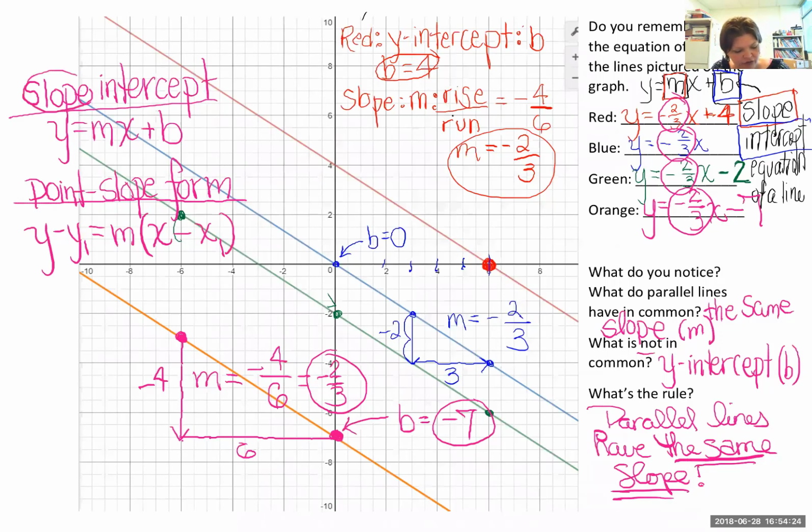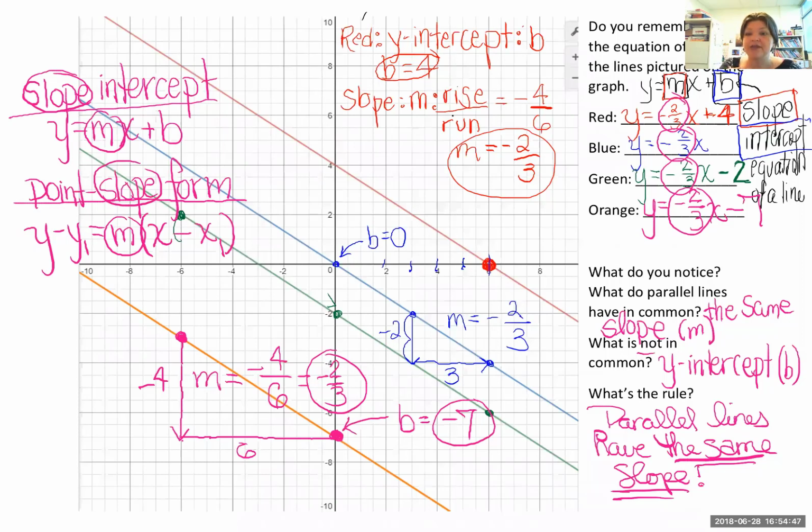They both have the word slope in their title, and they both have the slope in their formula. That means no matter which formula we choose to write the equation of a line, we have got to know the slope. It's like our first step when we're writing equations of lines.